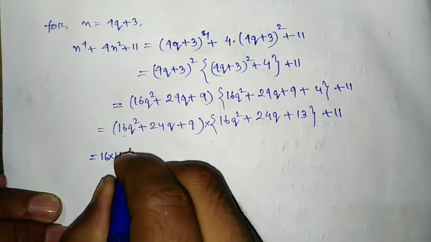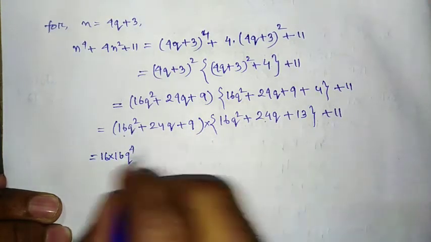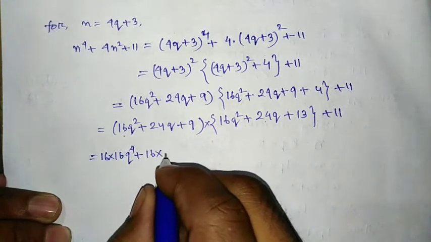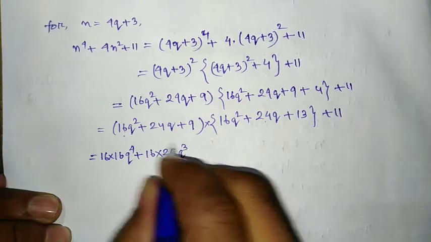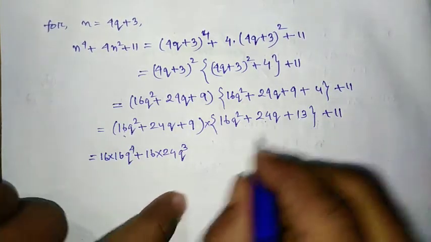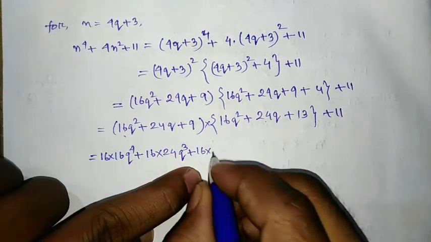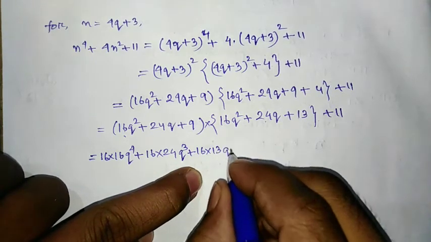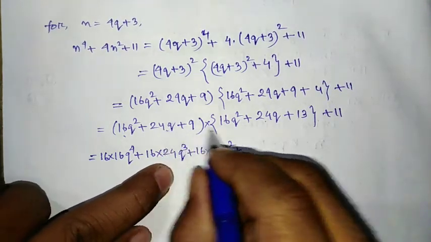So again here 16q square plus 24q plus 9, and 4q plus 13, plus 11.